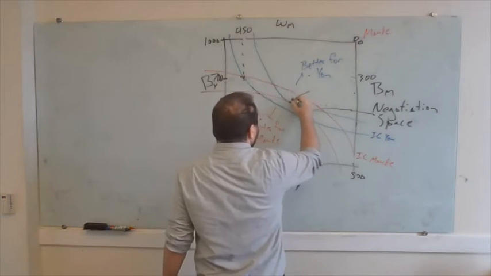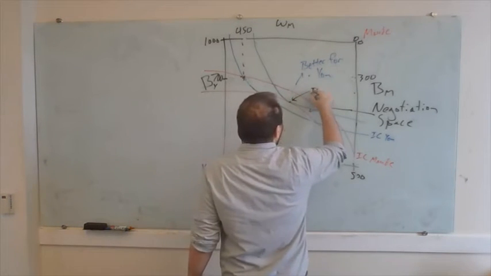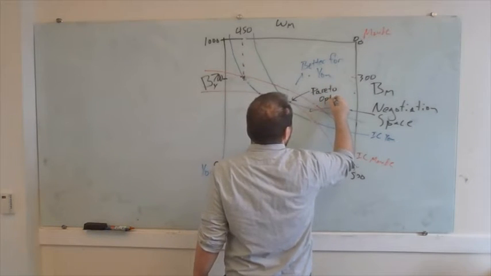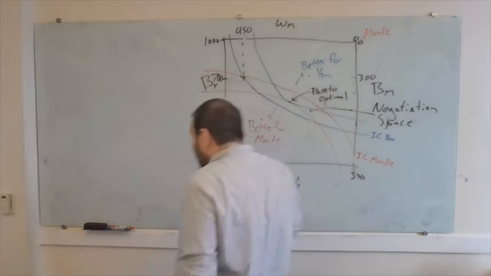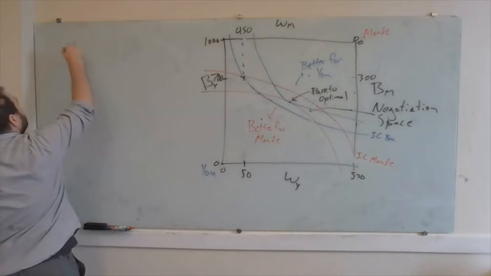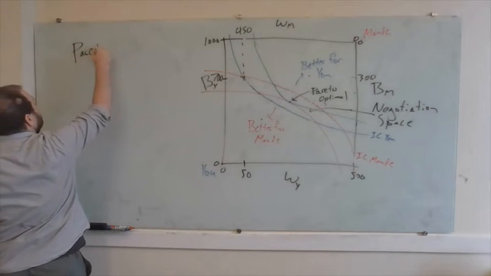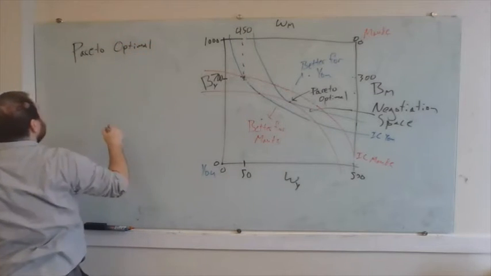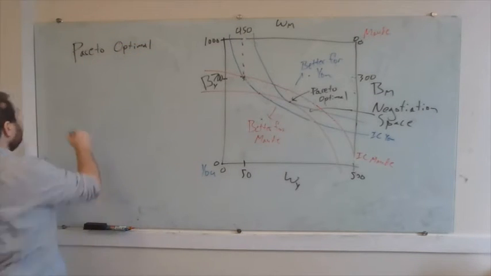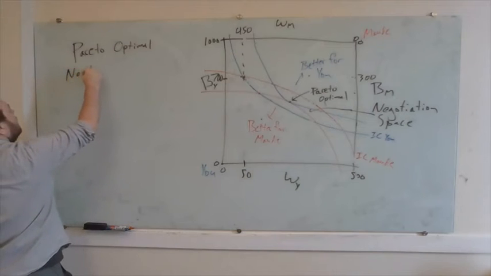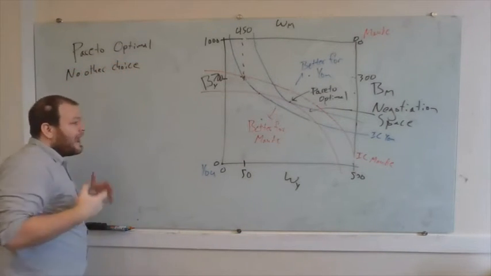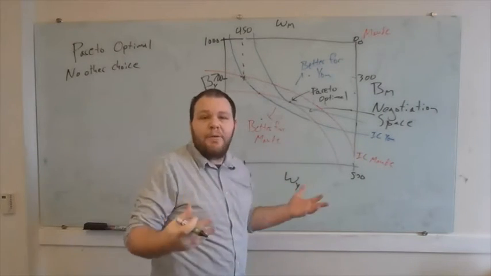So we'll call this sort of allocation Pareto Optimum. And what this means is that there's no other allocation that's better for everyone, that's better for both you and for Maud.